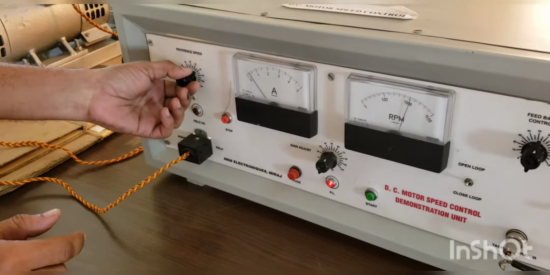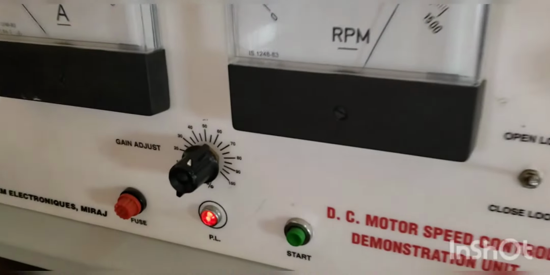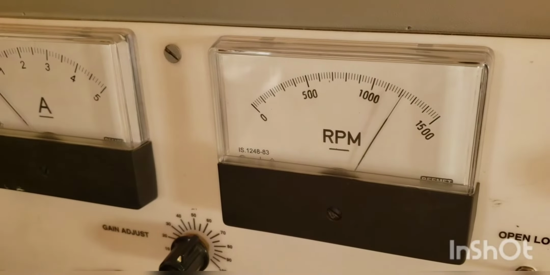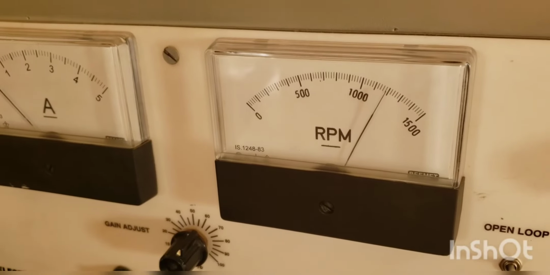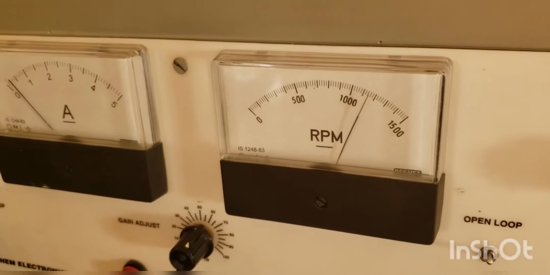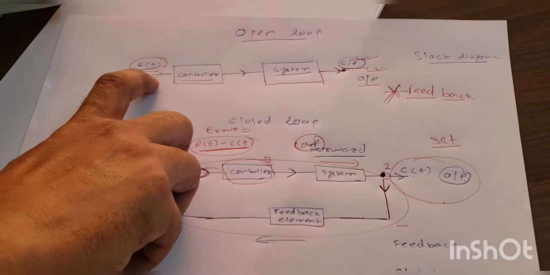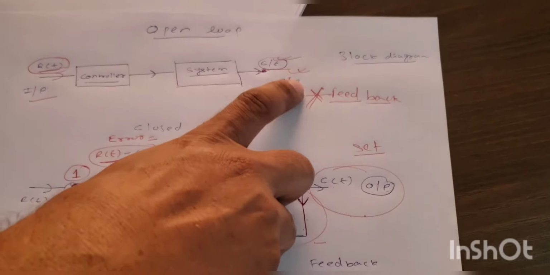You are observing that I have set the speed over here at around 1200 RPM. This is called the set speed of the motor, and the output speed is the actual speed which is measured by the tacho generator currently.